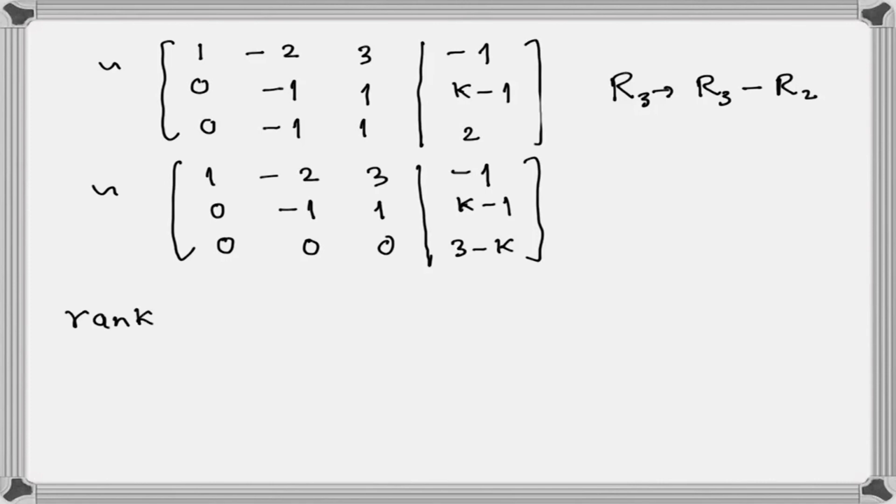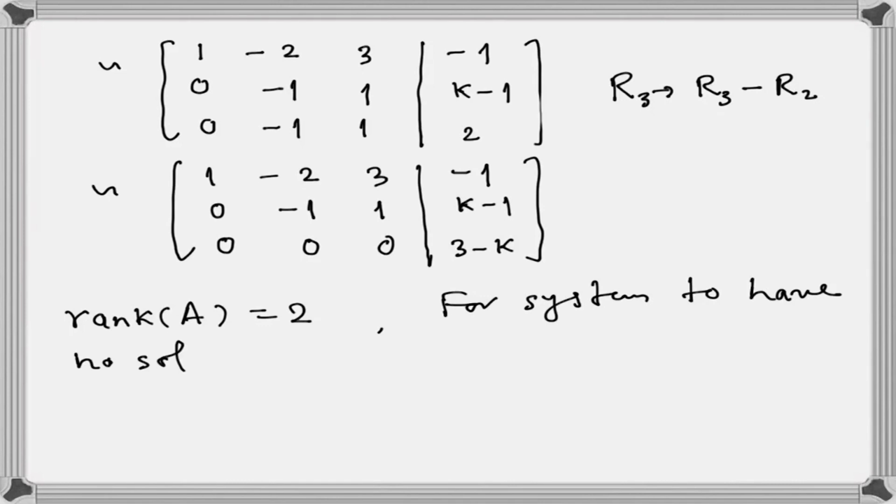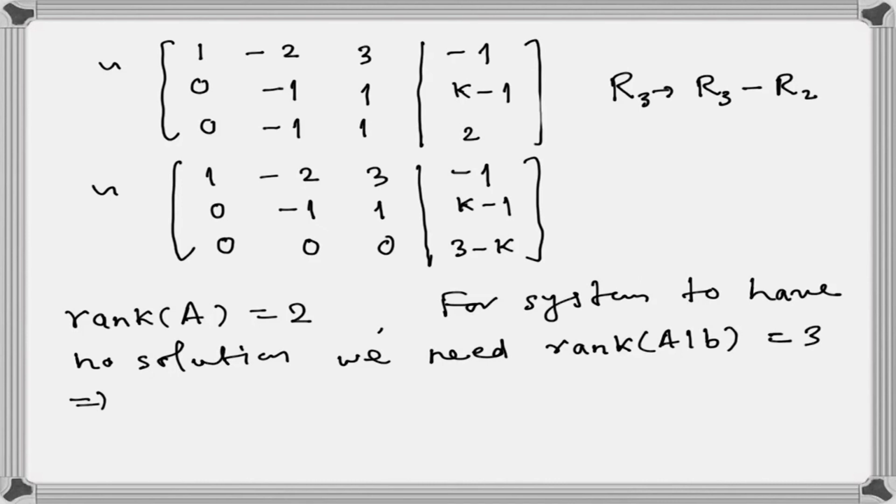So now what is the rank of A here? Rank of A is anyway 2. If you want the system to have no solution, we need the rank of the augmented matrix to be 3. This implies k is not equal to 3.